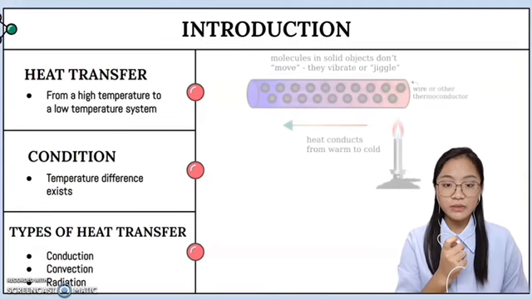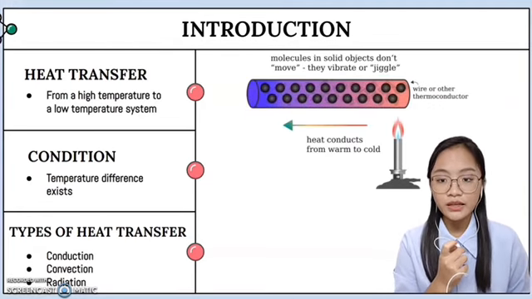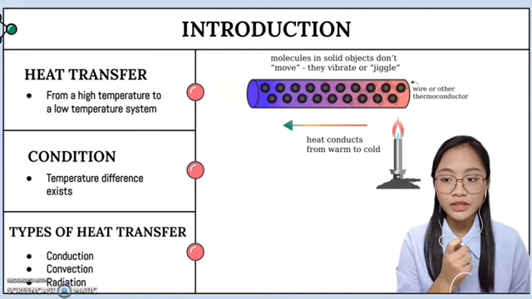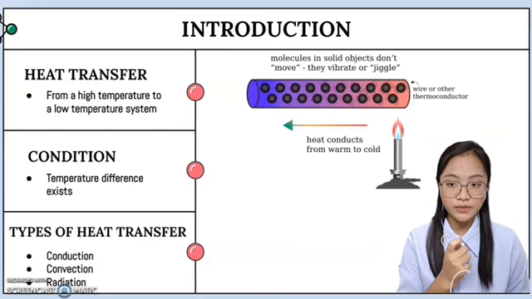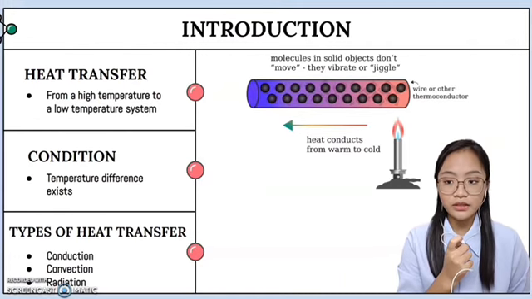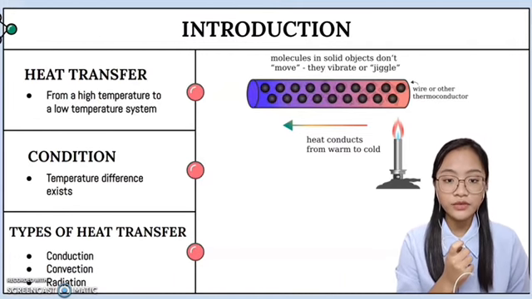Heat conduction in metal is a phenomenon that occurs when the atoms of metal transfer heat energy to their neighboring atoms. When one end of the metal is heated up, the atoms in the metal gain energy to vibrate.